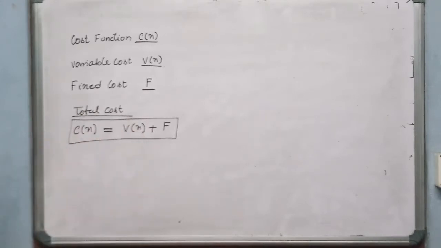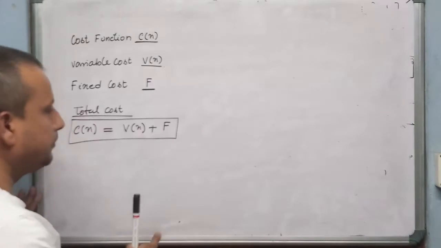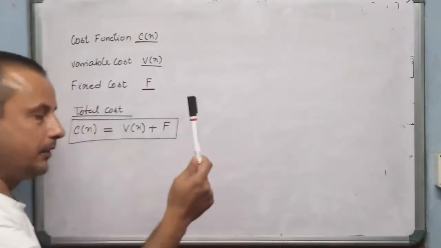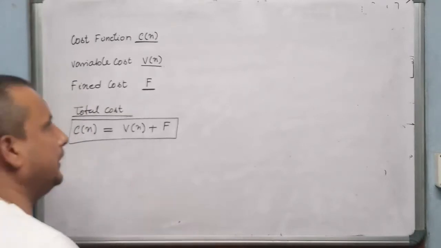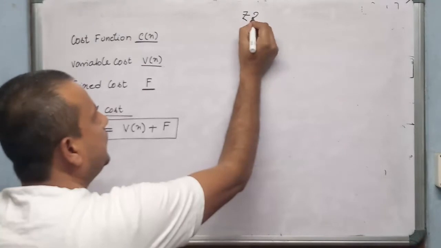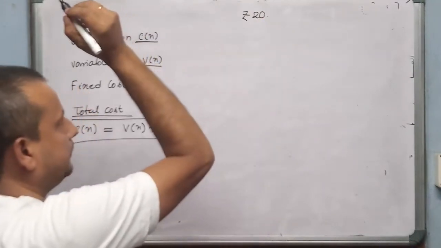Now what is variable cost? Variable means which is not even. Let us consider the cost of this marker. Let us suppose the cost of this marker at wholesale rate is rupees 20.